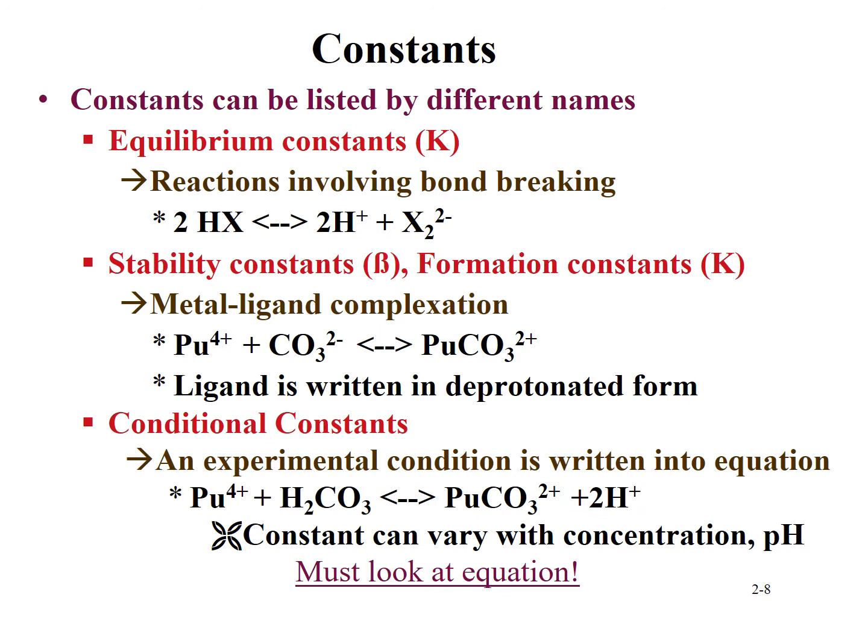Now, if we have something like protons in here, we can imagine within this equation that this constant is going to vary with pH. Overall, if you use constants from the literature, you should evaluate what equations those constants relate to.